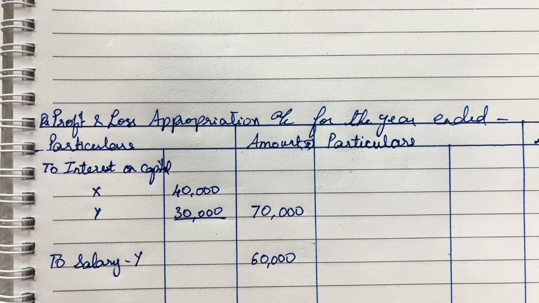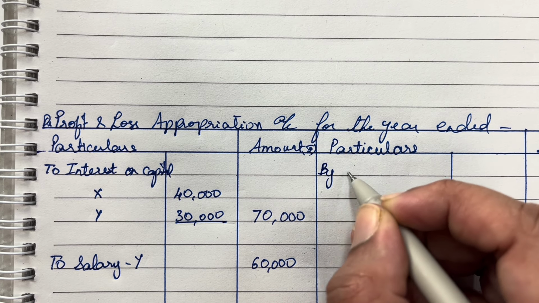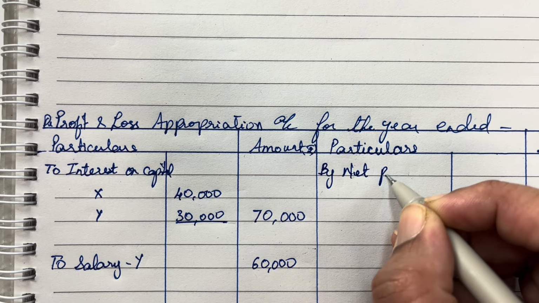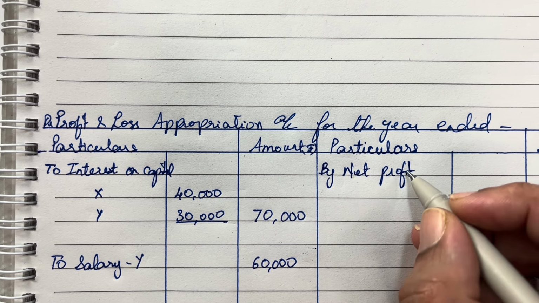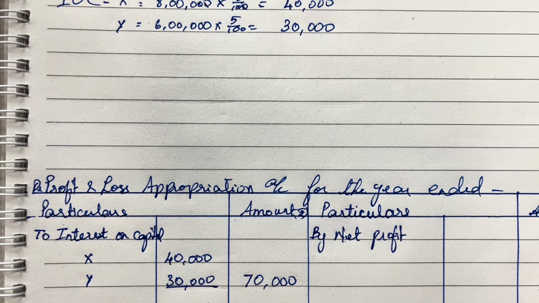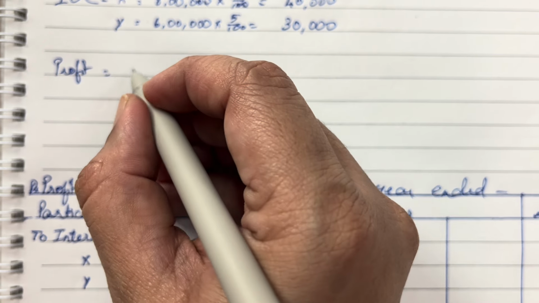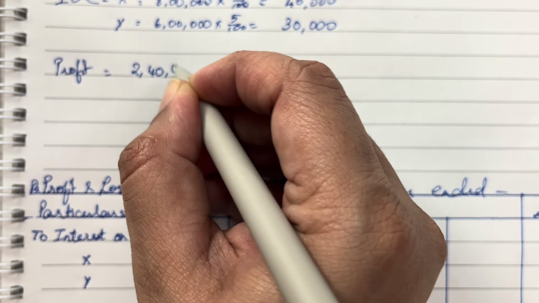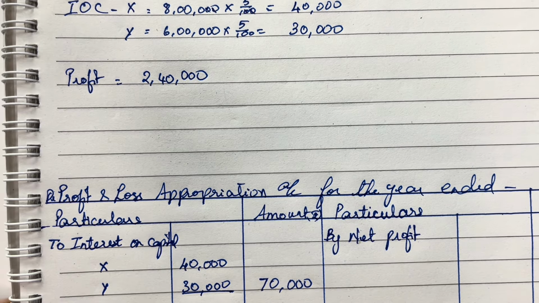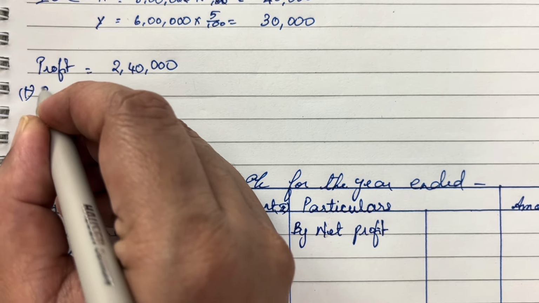Then we'll write our net profit. So this would be by net profit. Now the net profit direct figure is not given in the question, so let's calculate the net profit. We have a profit of rupees 2,40,000. With this 2,40,000, we'll add the salaries.